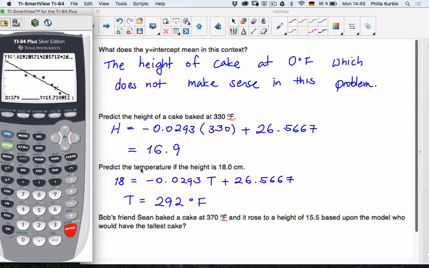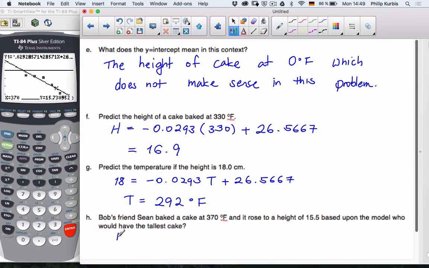So Bob's is 15.73. So whose is the taller cake? Bob's is taller, right? Okay. So Bob. Okay, so therefore Bob's is taller.